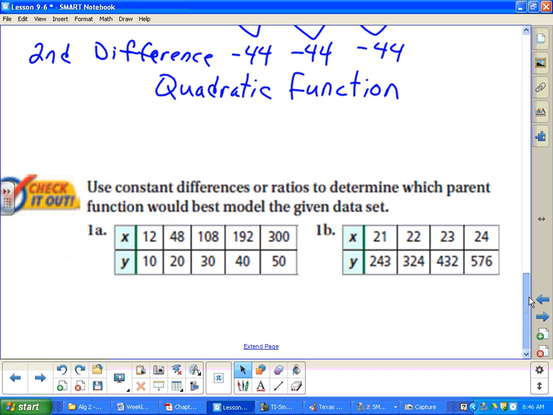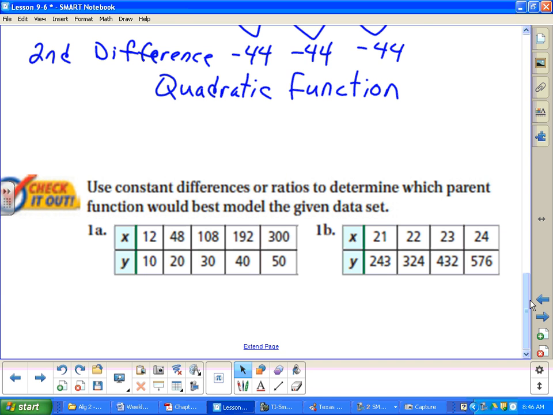Okay. All right. Now, I want to look at these, check it out. I want to look at letter A only. Okay? Because if you look at letter A here now, you can see which ones have the constant difference or constant rate? It's the y's, right? Instead of the x's.